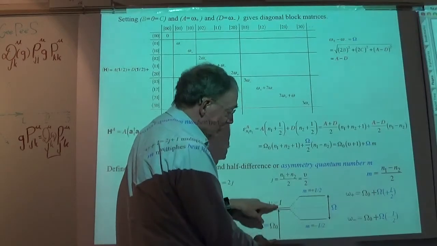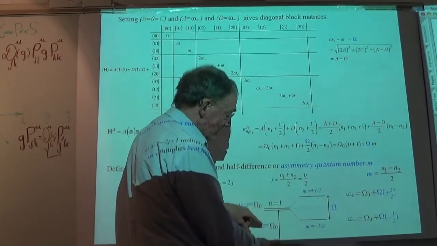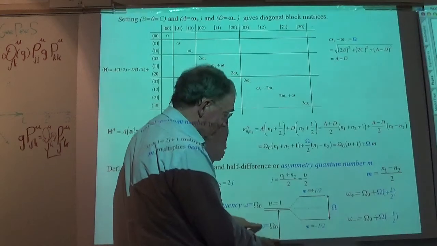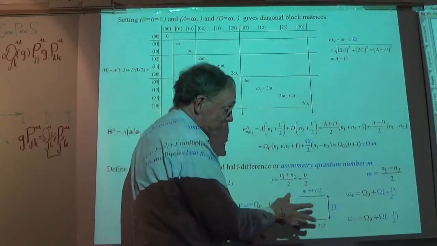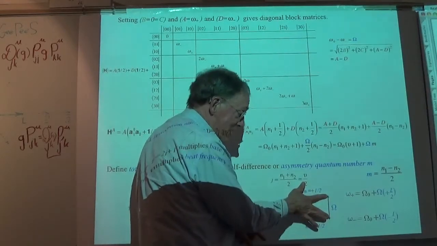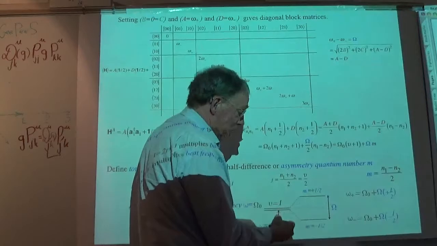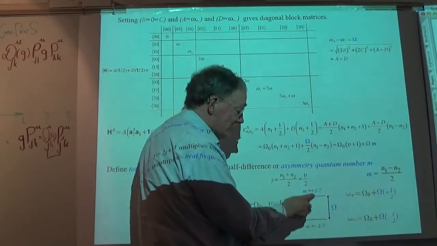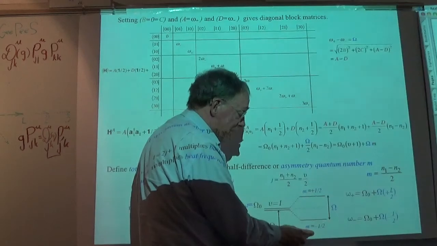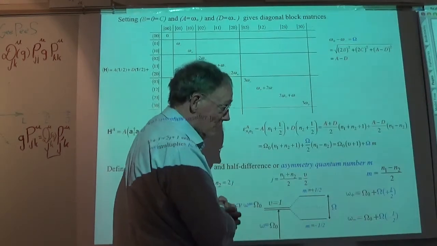There was an average energy, an overall phase was determined by this, and then there was the beat frequency omega in the R3 world, which was the difference between +1/2 and -1/2 in the U2 world.